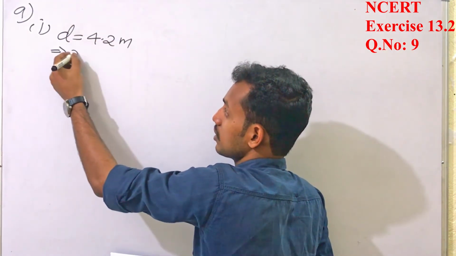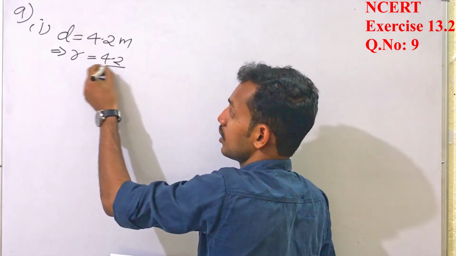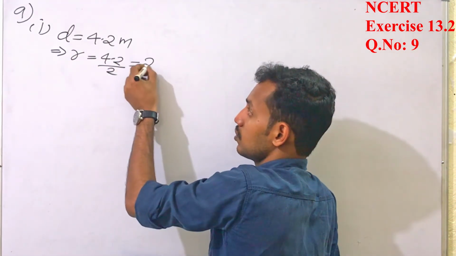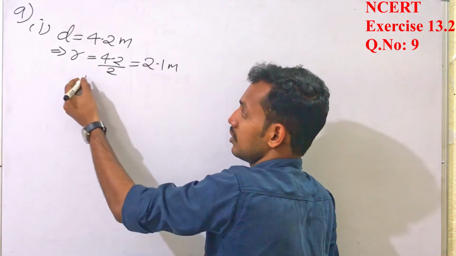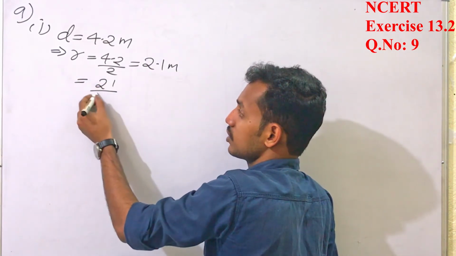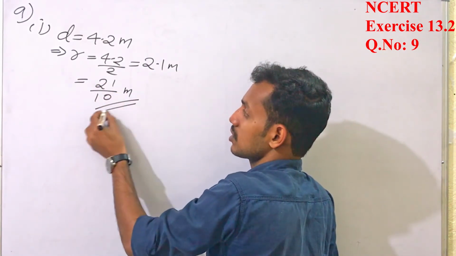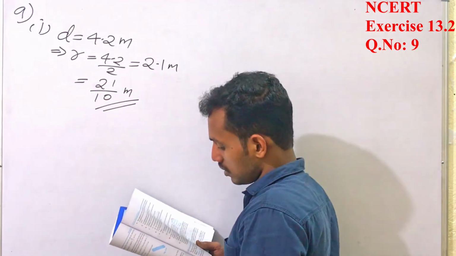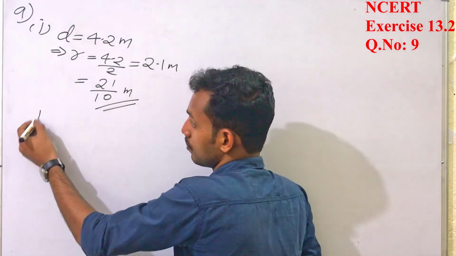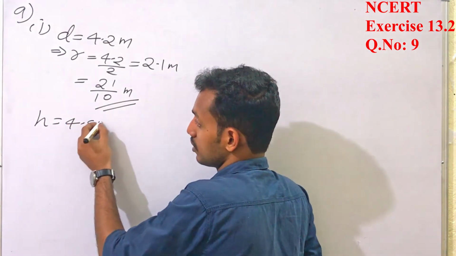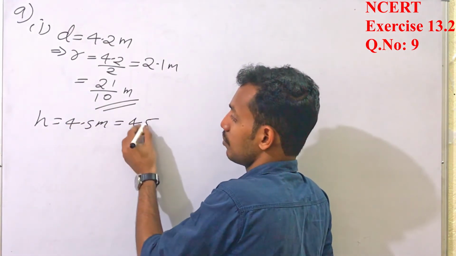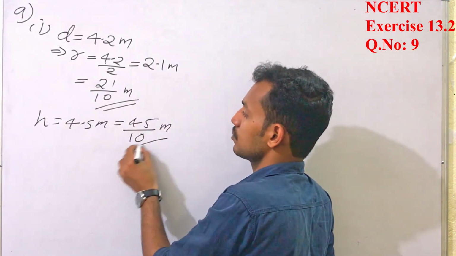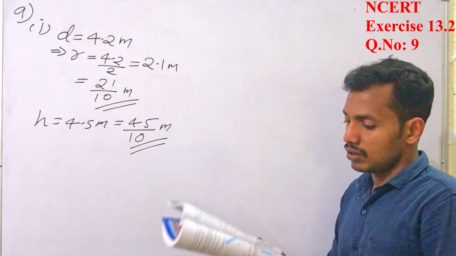That implies radius is equal to 4.2 divided by 2, which is equal to 2.1 meter. That again is equal to 21 by 10 meter. Just convert decimal into fraction. As well as height is equal to 4.5 meter. That is equal to 45 by 10 meter. Just write this. Now what is the question?